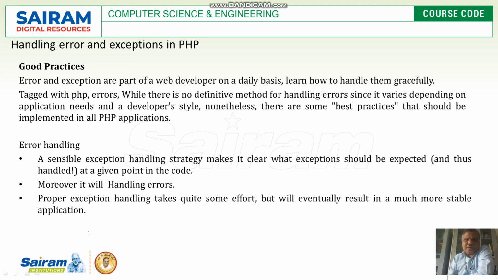Error handling: a sensible exception handling strategy makes clear what exceptions should be expected, that is, what type of errors or exceptions you can expect. You will know about that whenever you write it, and it is very easy to handle the errors.